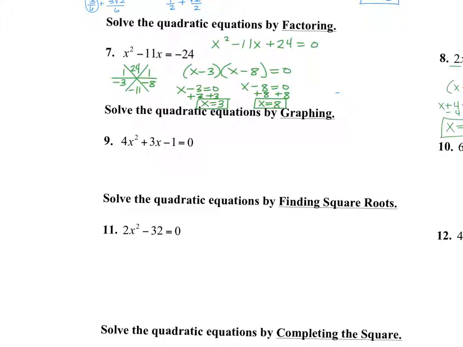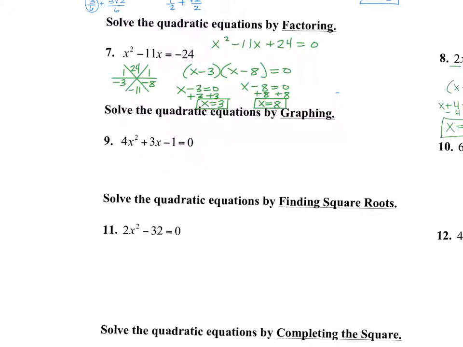So insert a 4x squared plus 3x minus 1. Hit y equals. And then type in 4x squared. Arrow over so you get out of the squaredness. Plus 3x minus 1. And then y2 should be, y2 equals 0.